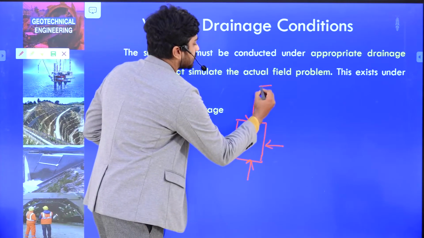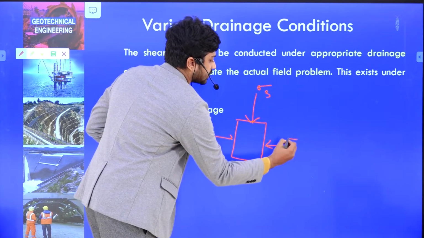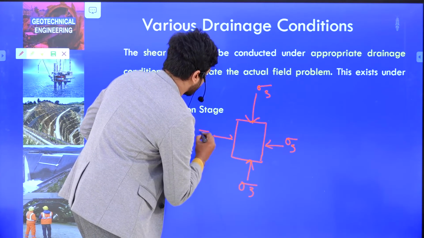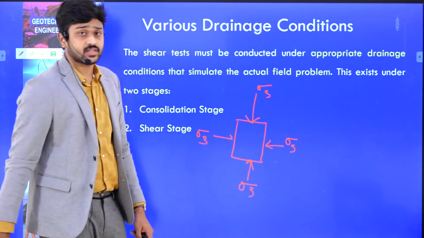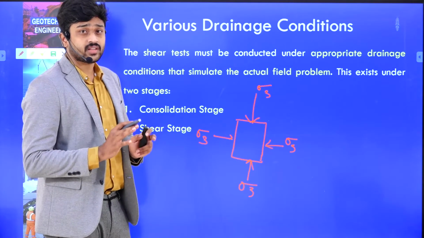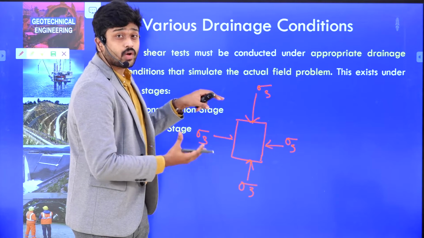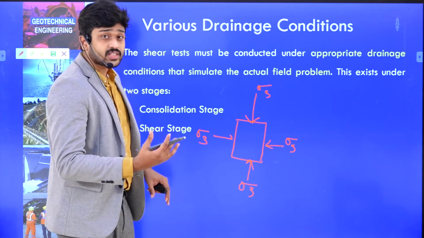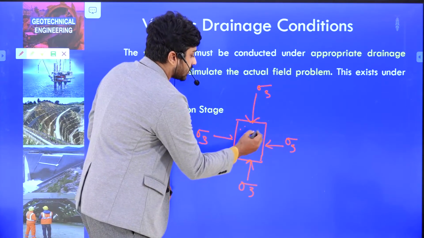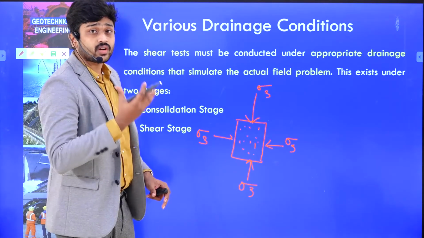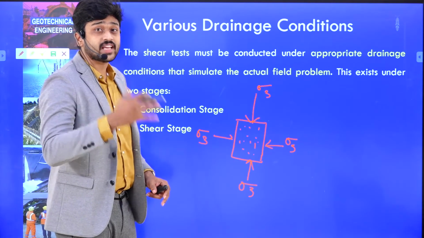Let us say this is sigma 3 for our convenience. This is what is happening in the consolidation stage. Because of this external stress applied on the soil sample, the water present in the soil mass is trying to come out. That means consolidation is taking place.